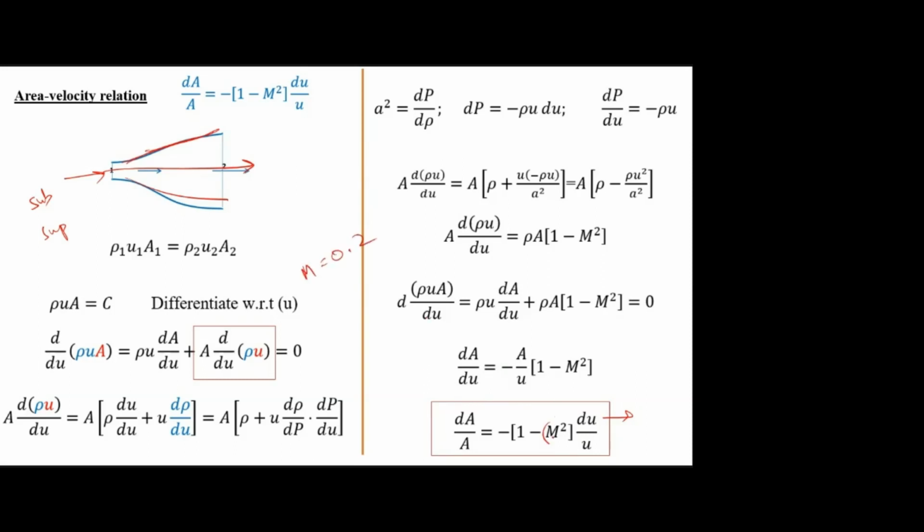If you substitute 0.2, then 0.2 square will be 0.04, then 1 minus 0.04 means 0.96. So instead of this I will get 0.96. So what I will get is dA by A is equal to minus 0.96 du by u, right?